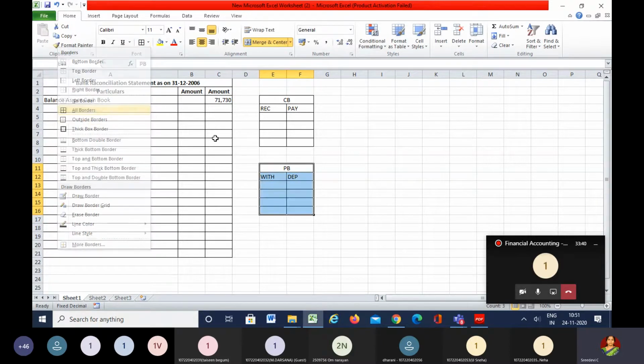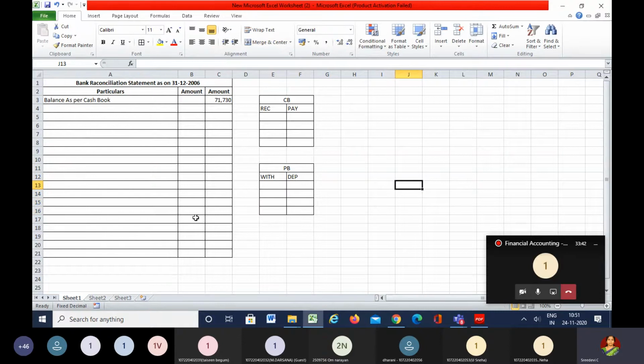Is it fine with all this working notes? So this is the basic working notes which is always required first to be created. So here add followed by less.